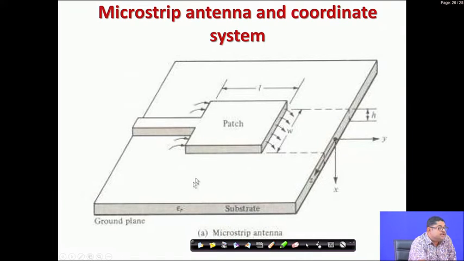Here you see this is a slot, we can consider this is a rectangular type of aperture. I can analyze it, this is simply the top metal and bottom metal filled with dielectric, that is like a parallel plate waveguide.